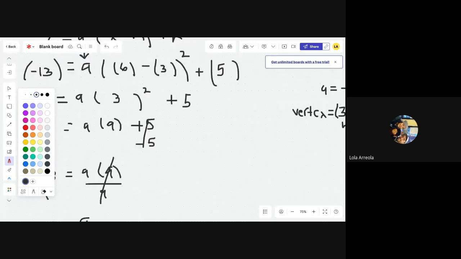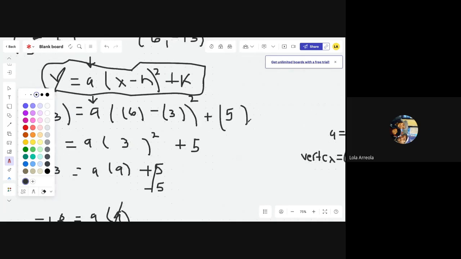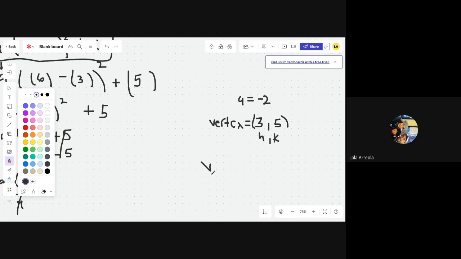So again, I'm going to use this formula again. But now I'm not solving for anything anymore. All I'm going to do is finally plug in these last values, and I have the final form that's being asked of. Y equals A times x minus h squared plus k.